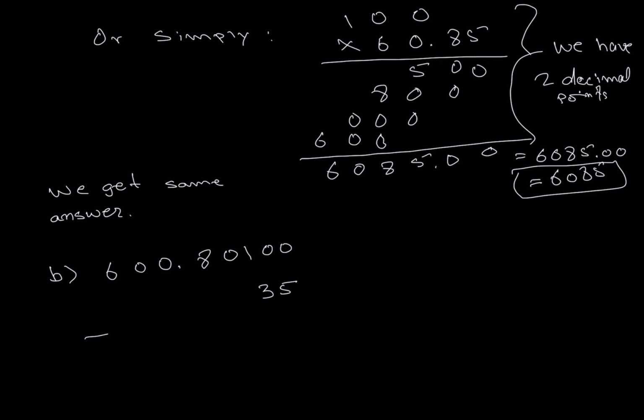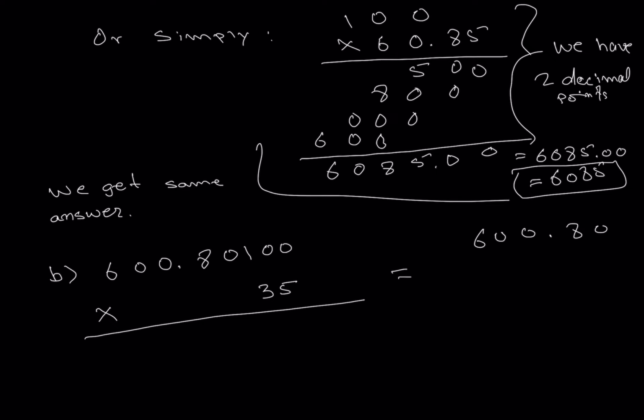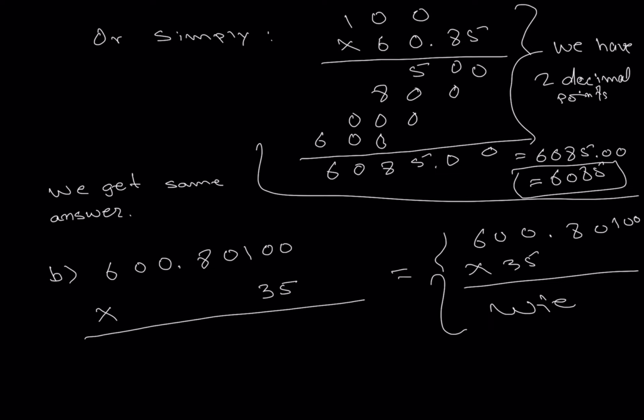It doesn't matter. Just to make it easier, otherwise I could do it this way, 600.80100 by 35, but that will look weird, so I'll go with this side, but the process should be the same.